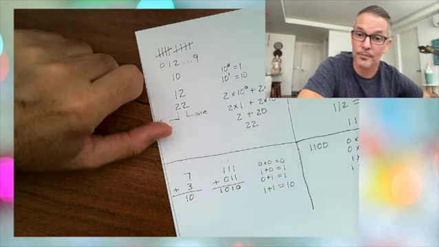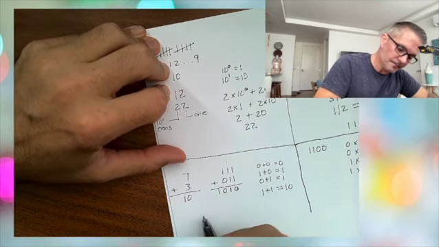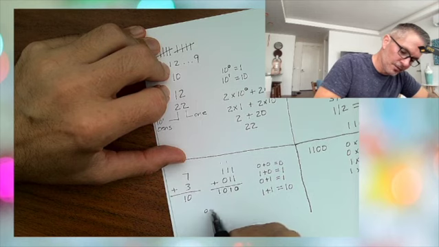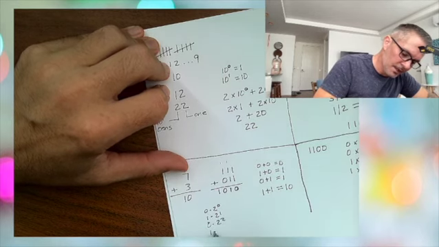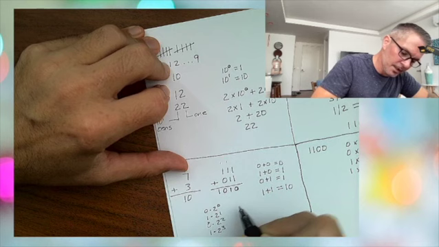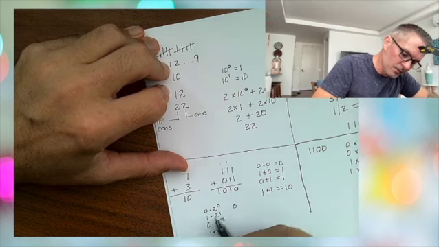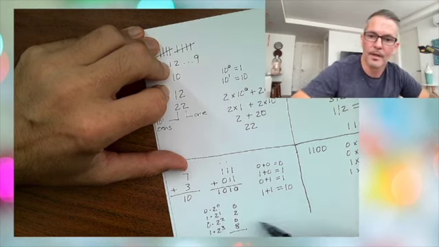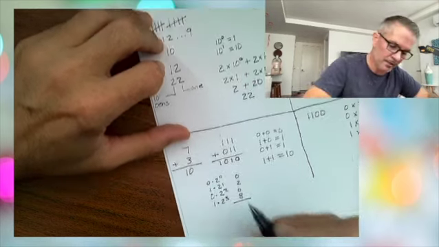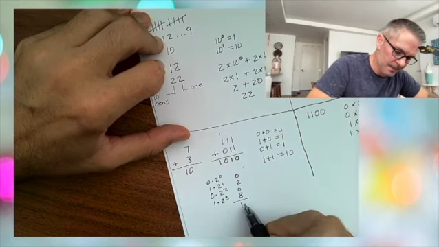Real quick, let's just prove that to ourselves. 0 times 2 to the 0, 1 times 2 to the 1, 0 times 2 to the 2, 1 times 2 to the 3 equals 0, 2, 0, 8. What is 2 plus 8? Well, it's 10.